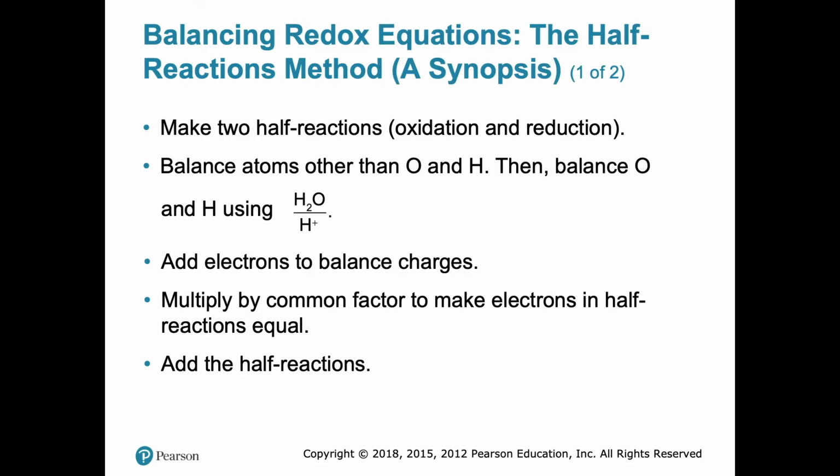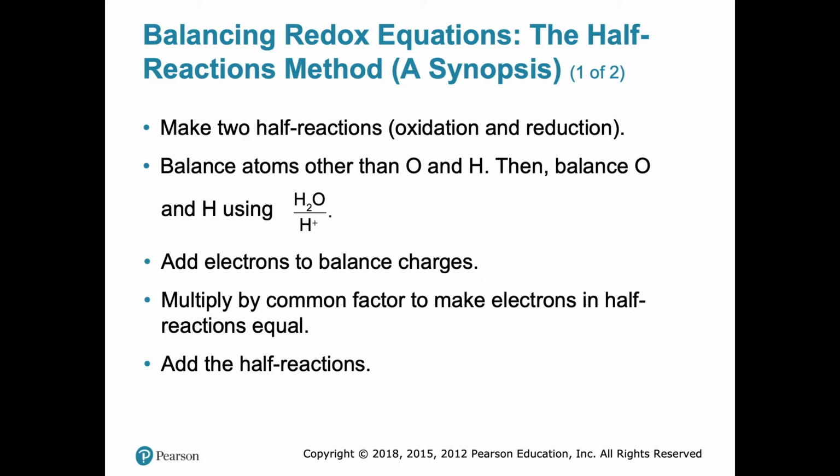So this is just a synopsis of how we balance redox equations using the half reaction method. First, you take the redox reaction and make it 2 half reactions, an oxidation reaction and a reduction reaction. Then you start by balancing all the atoms other than the O's and H's.